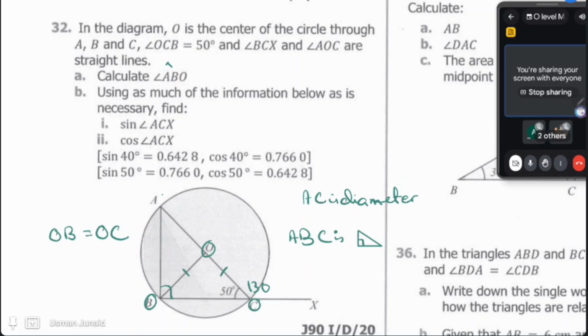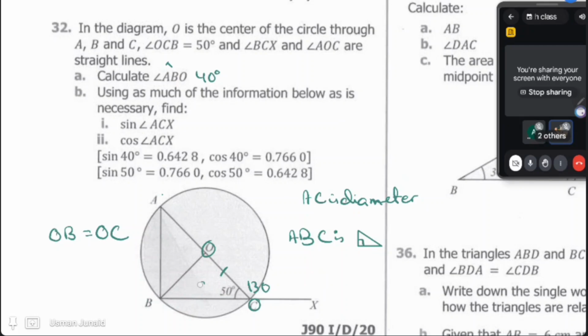Make sense? So angle OBC is 50 degrees because this is 50 degrees. And since this is 90 in total, this has to be 40 degrees. Okay, sir. Complementary angles wali property hai. Understand?